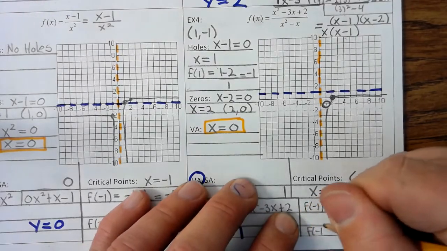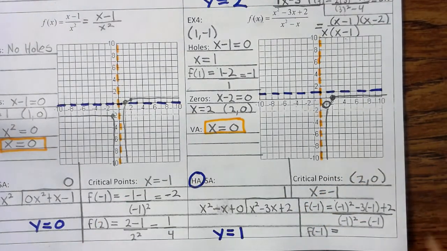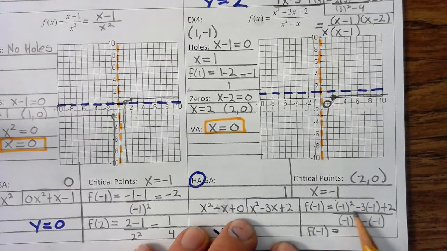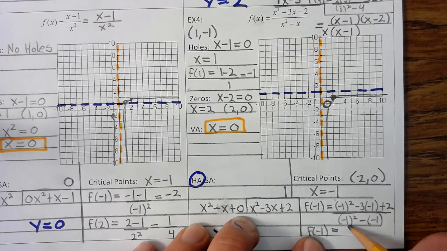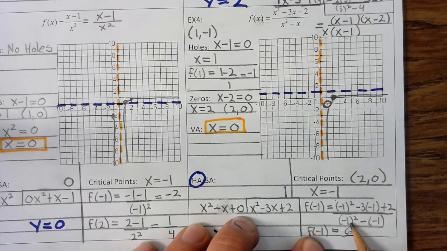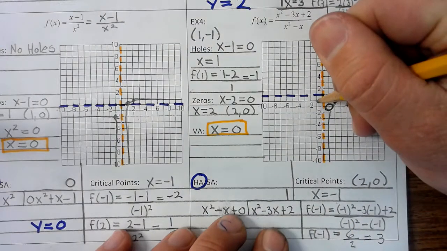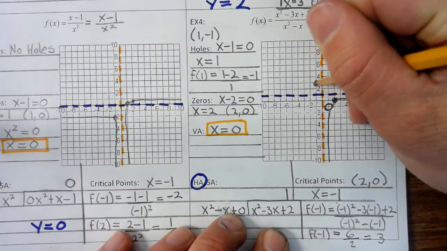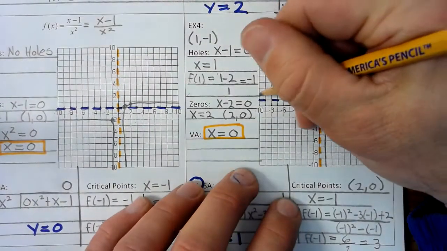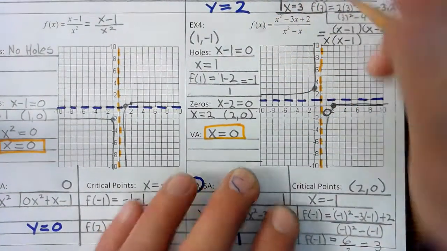So f of negative 1 equals, that's 1 plus 3 is 4 plus 2 is 6. And then 1 plus 1 is 2. So 6 divided by 2 is 3. So our critical point is negative 1, 3. So that tells us our curve is above the asymptote here. So our curve is here.